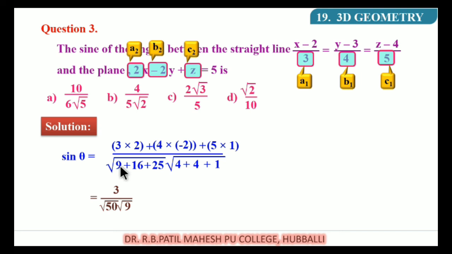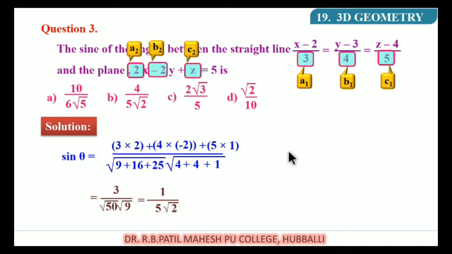Divided by square root of 50 and square root of 9, this will be equal to 1 divided by square root of 50, since we can cancel 3 and square root of 9. This 50 can be written as 25 into 2, so we have 5 into square root of 2.